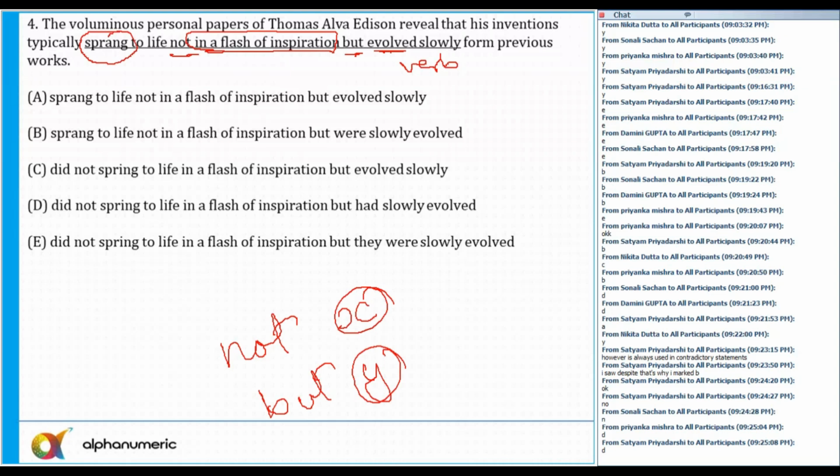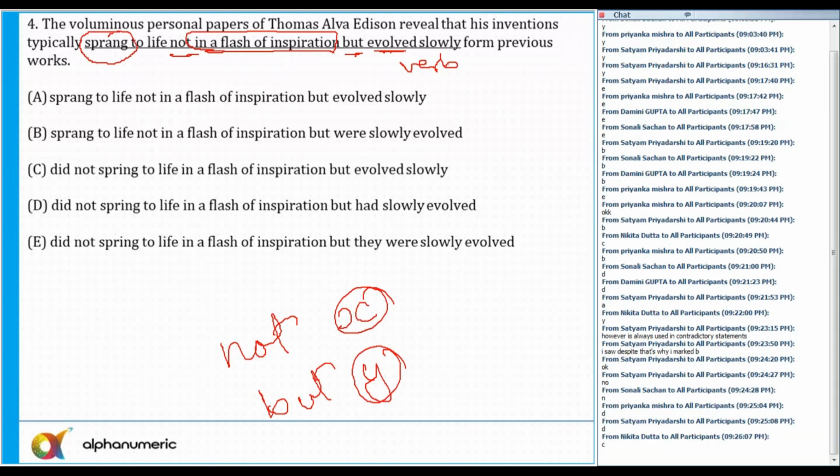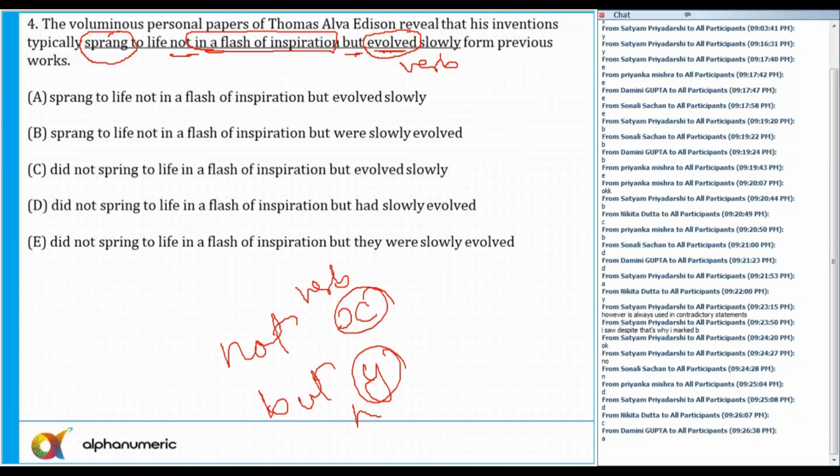So it is not parallel. I will have to remove this evolved from here, or if I do not want to remove evolved, then after the word not, I will have to use a verb. Only then after the word but can I use a verb.